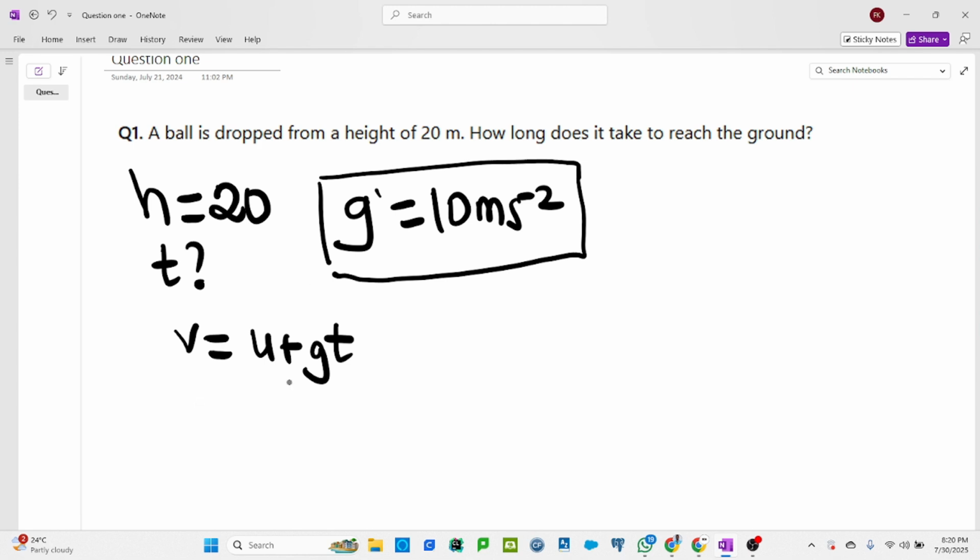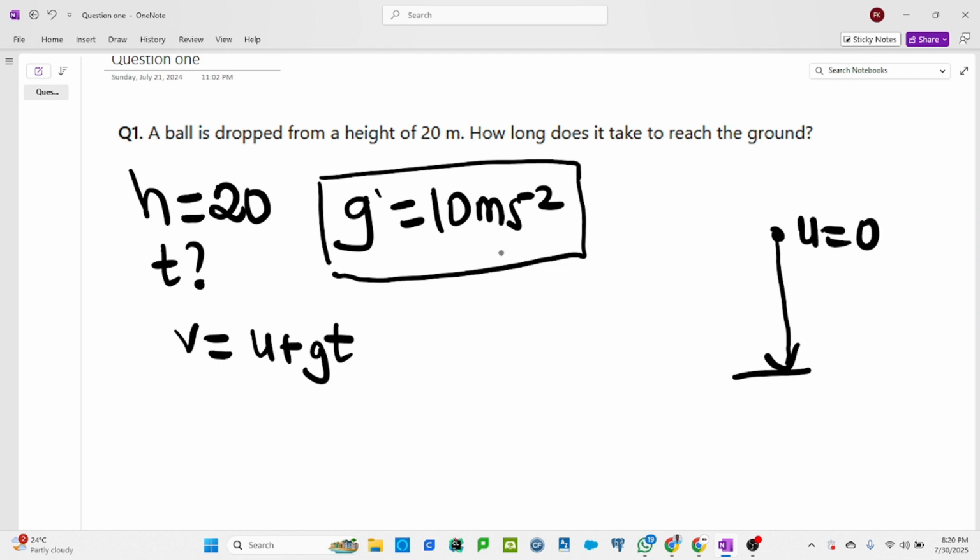A ball is dropped from a height. Whenever you are dropping something from a particular height, you are just dropping it, so you are not applying any velocity. At the beginning, the initial velocity is zero.